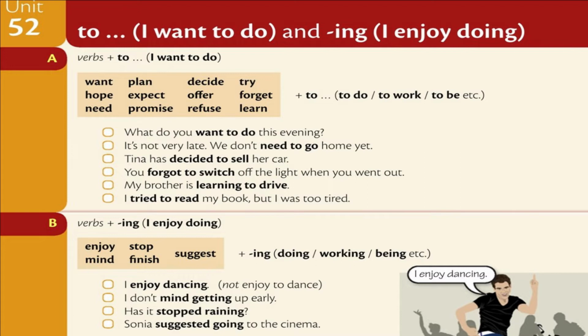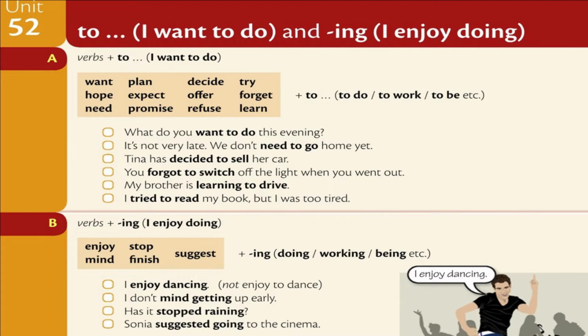Section A. Verbs plus to, I want to do. Want, hope, need, plan, expect, promise, decide, offer, refuse, try, forget, learn, plus to, for example, to do, to work, to be.